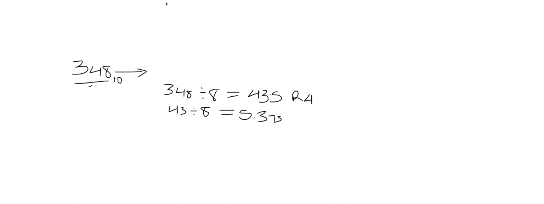Now, the 0.375 multiplied by our base 8 gives us a remainder of 3. Then we carry our 5 divided by 8, which, like we did the other time, is automatically 0, with remainder 5.